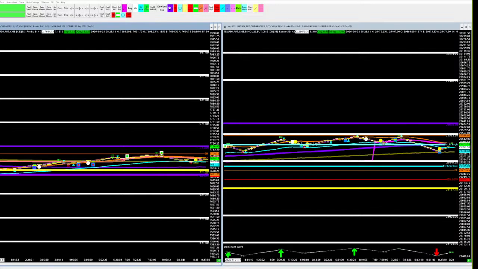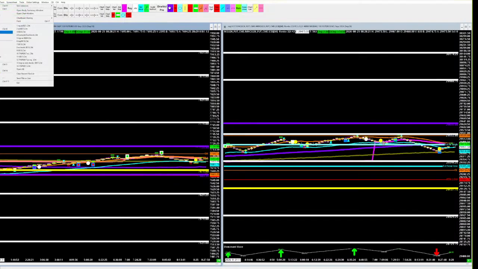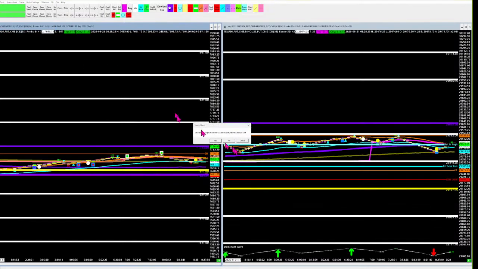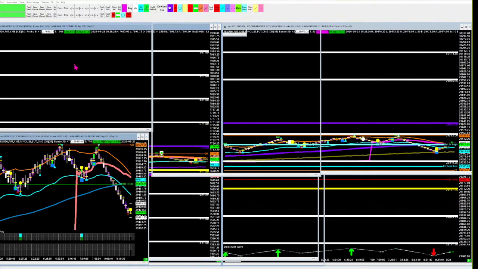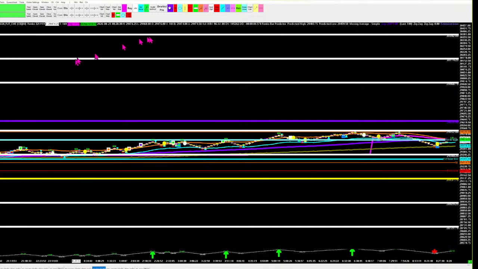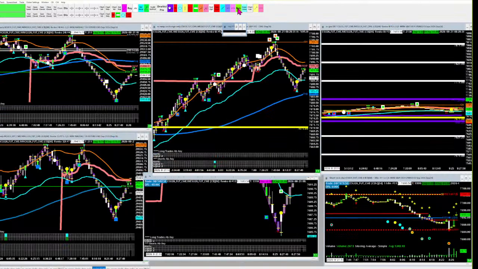So, and then there I added the NQ and the ES. And get rid of that. File, close chart book, save any changes, no. Hopefully I saved that right. Store.